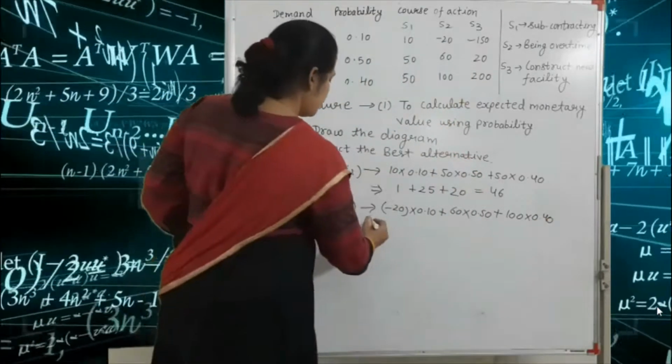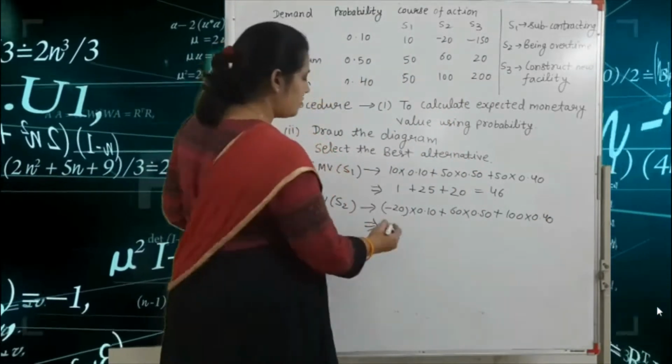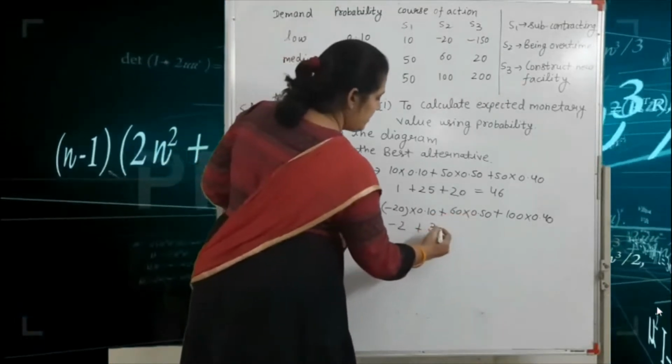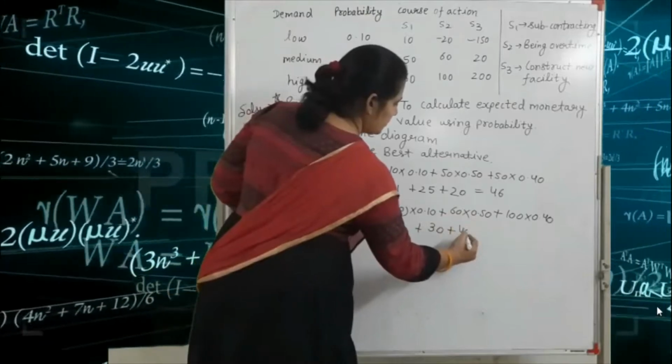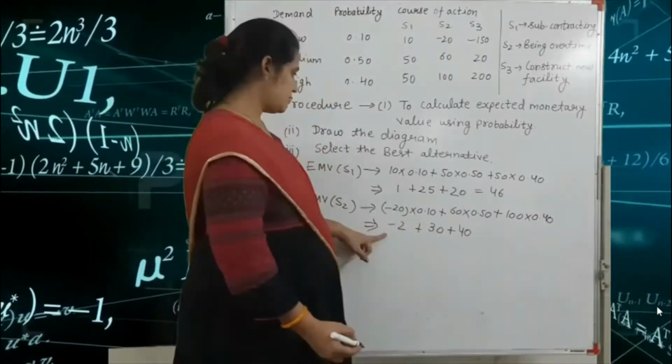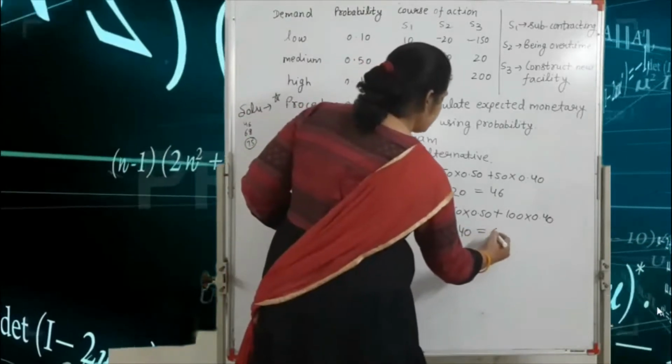Here we get minus 2 plus 30 plus 40. 30 plus 40 is 70, minus 2, that means 68.